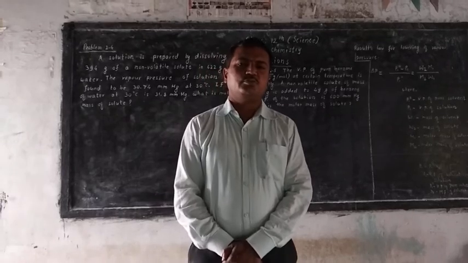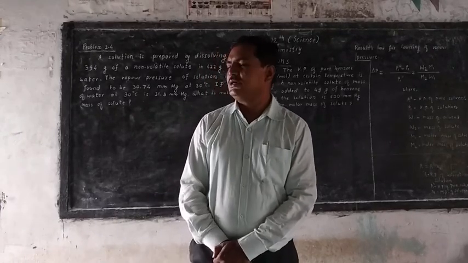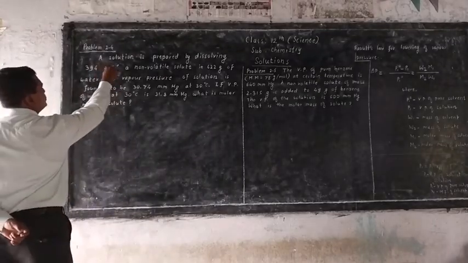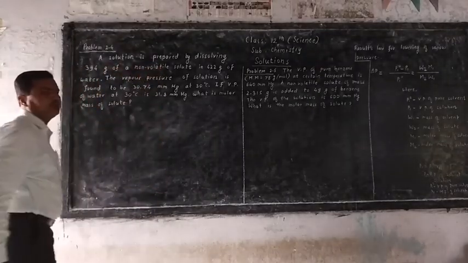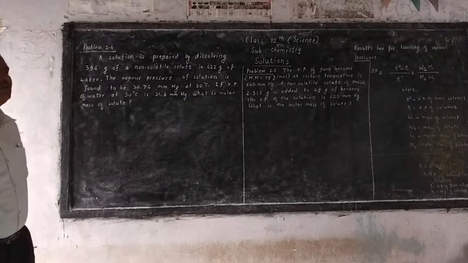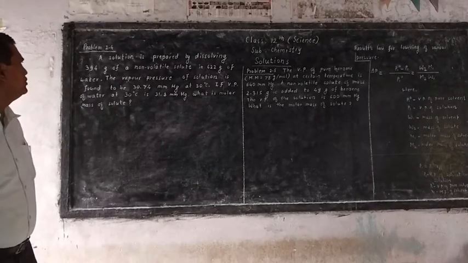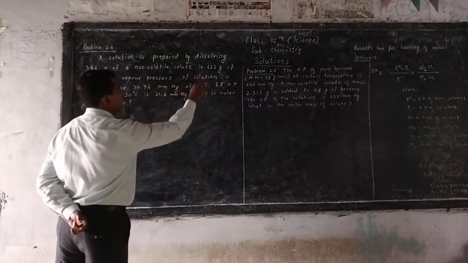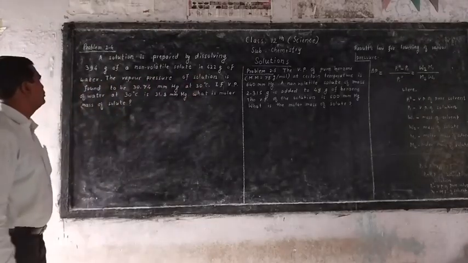So a problem from the textbook is taken here. Problem 2.4. A solution is prepared by dissolving 3.94 gram of a non-volatile solute in 622 gram of water.